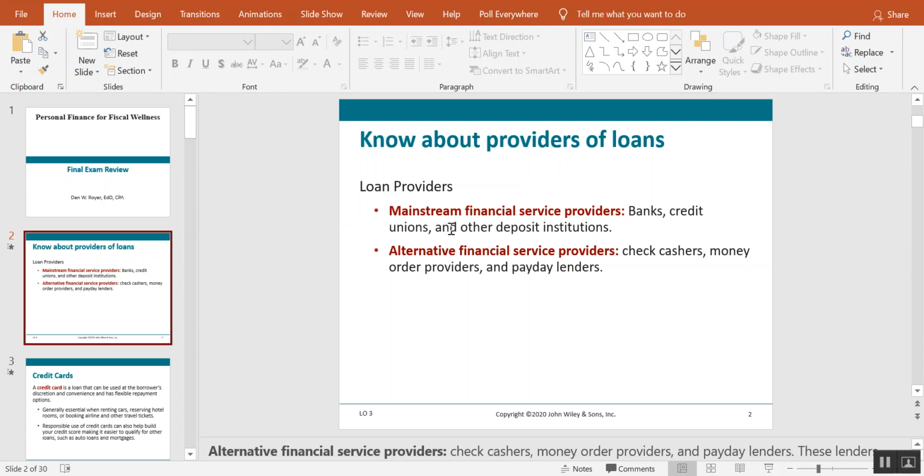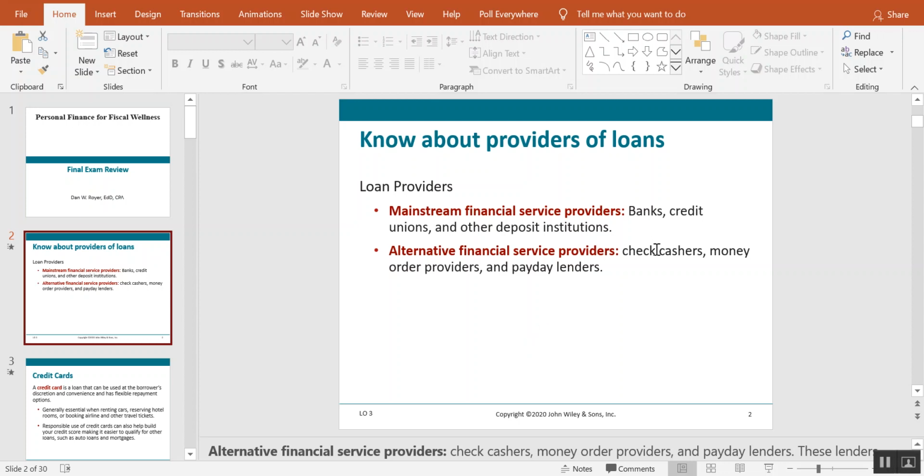Mainstream institutions, like banks, credit unions, and others, are where you can go get a loan if you need to. The alternative financial providers are check cashers, money order providers, and payday lenders. These are very expensive alternatives, but they are out there.